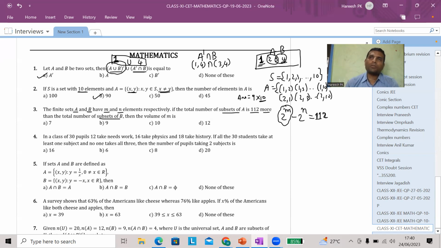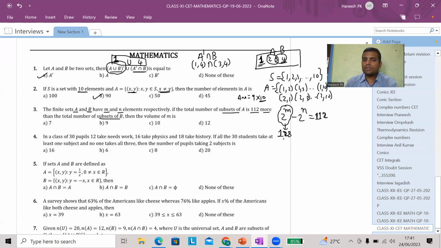So which is the power of 2, which is greater than 112? 2 power 1 is 2, then 2 square is 4, 2 cube is 8, then 16, 32, 64, 128. That means 2 power 7 should be 2 power m. So 2 power m has to be 128.